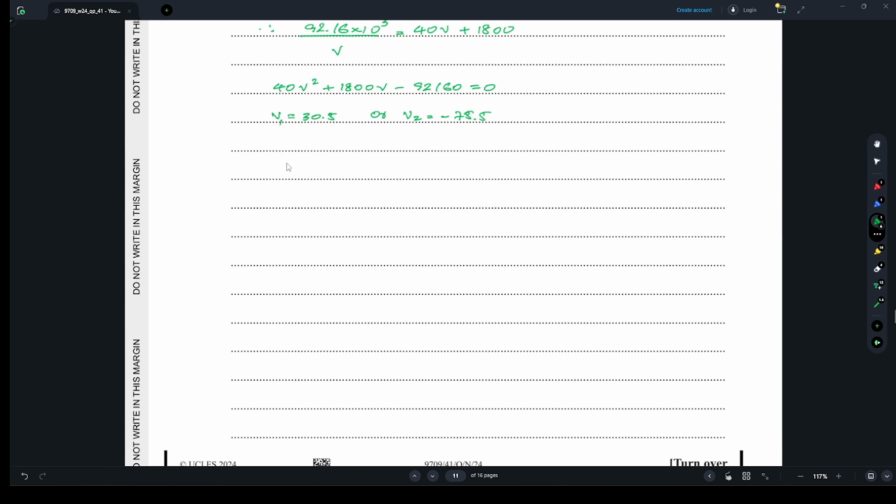Therefore we have to consider v as the positive one. So since the car travels up the hill, the velocity is 30.5 meters per second.